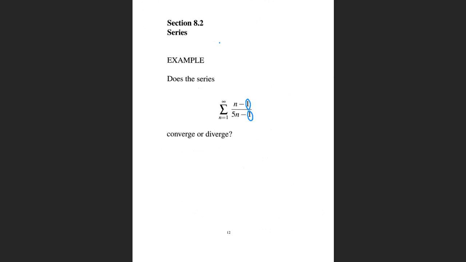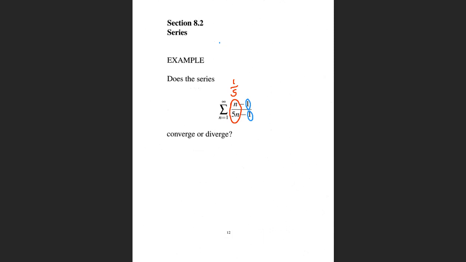So essentially, as n is large, the terms of the series almost equal n divided by 5n. And n divided by 5n is a fifth. So the terms of the series, as we move out into the series for large n, are approaching a fifth.